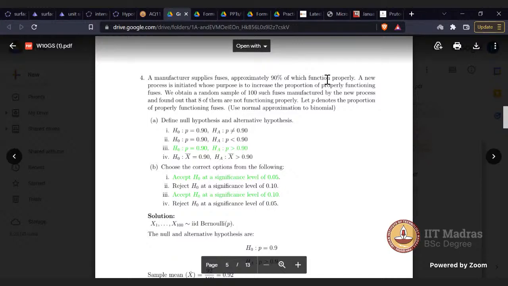Now it should be more than 90%. I want to check whether the new method that has been introduced is helping, whether it is going to be greater than 90% or not. So in this case, I will take my null to be p equals 0.9, that is given to us, and the alternative to be p greater than 90%. Because this is what I want to check, whether it is helping in increasing the proportion or not.